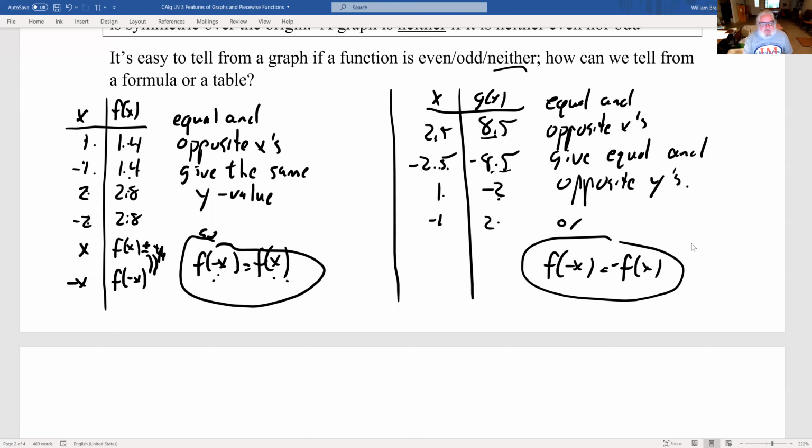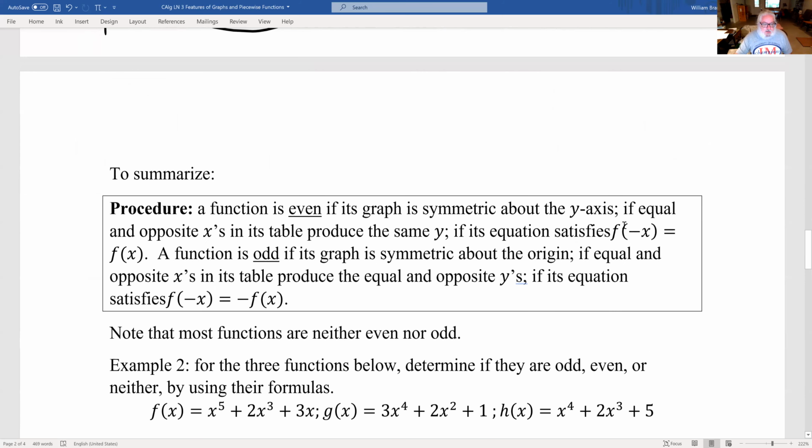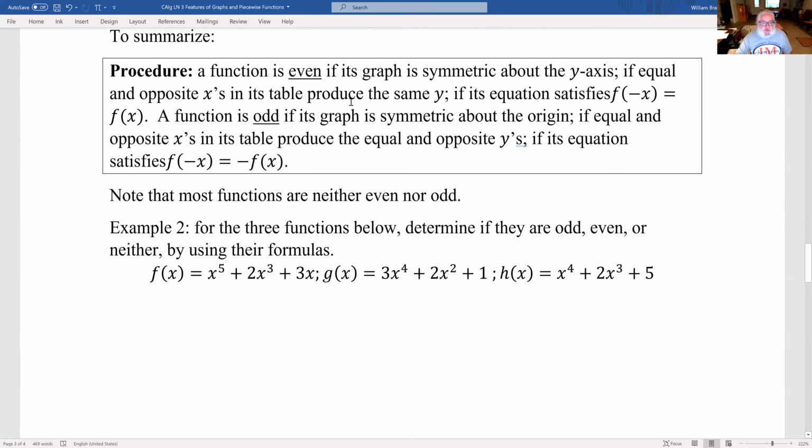Neither, well, if neither of these things happen, right? If you plug in equal and opposite numbers and you get random numbers that aren't connected to each other, that'll tell you that it's neither. So there's the procedure. Function is even means this graph is symmetric about the y-axis. Equal and opposite x's in its table produce the same y, or its equation satisfies that, right? So we have a rule for graphs, which is symmetry.